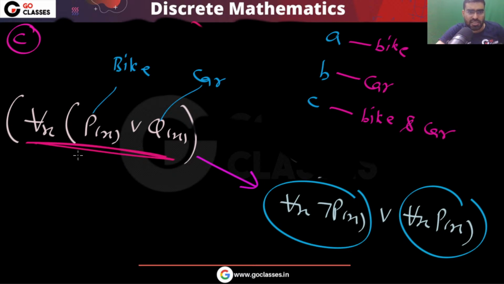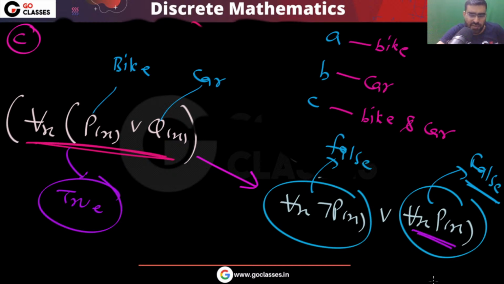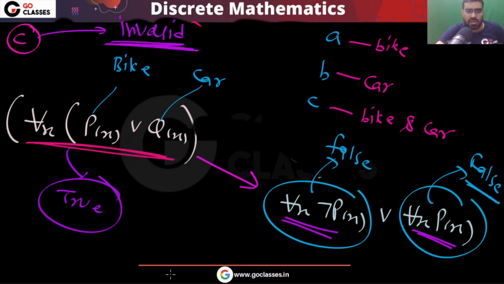Now this is true because everyone has bike or car. This is false because not everyone has bike, and this is also false because someone has bike. So definitely this C is invalid. Is this clear?